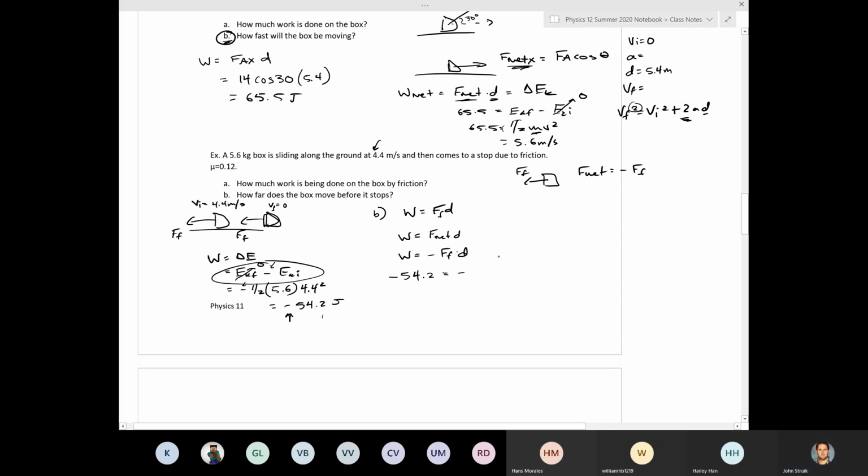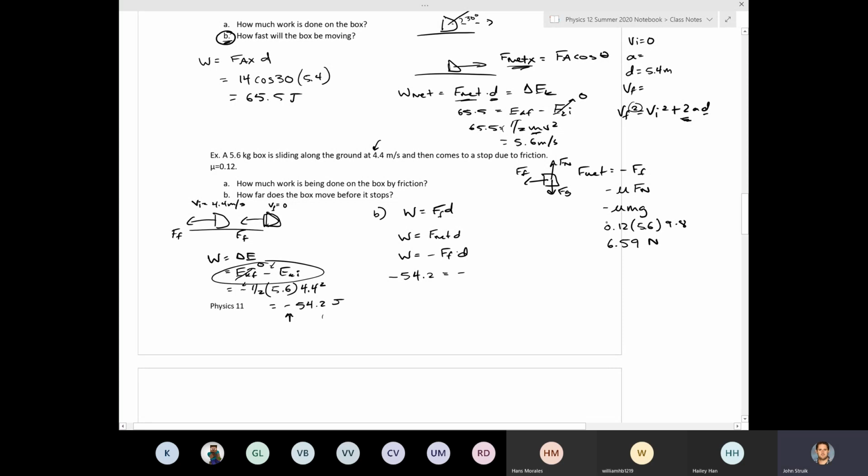FF. Now, remember that FF is mu Fn. In this case, your Fg and your Fn are the same thing. So this is going to be negative mu mg. And so we have 0.12 times 5.6 times 9.8, which is 6.59 newtons.